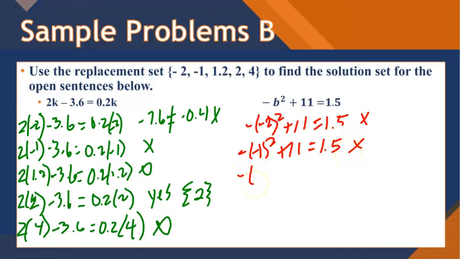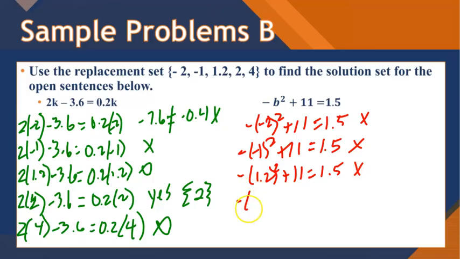So try 1.2 squared plus 11 equaling 1.5. 1.2 squared, think of that as 12 squared. 12 squared is 144. But I would have 2 decimal places, so that would be 1.44 or negative 1.44 plus 11 is not going to equal 1.5, so I know that's not true.